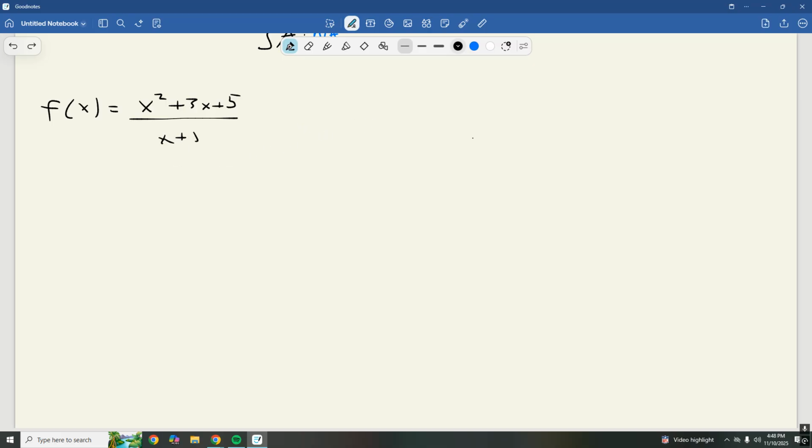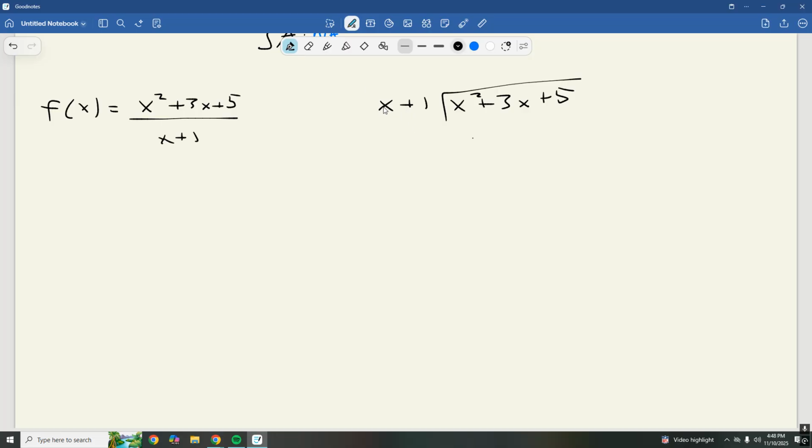And to get the actual slant asymptote here, you have to do polynomial long division. So in this situation, we'll do x squared plus 3x plus 5 divided by x plus 1. Okay, here is something that was gone over a while ago.